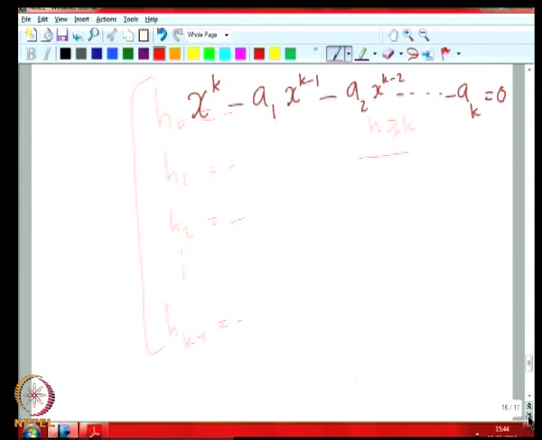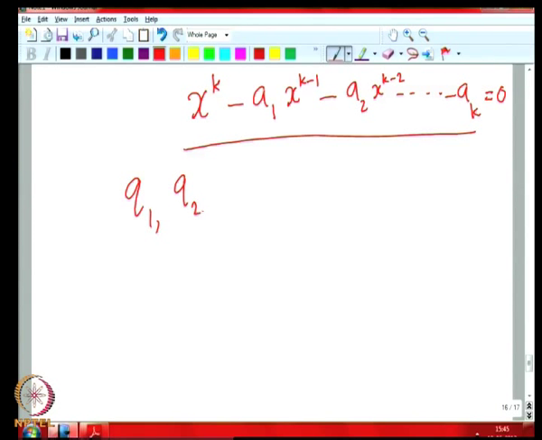So this characteristic equation will be satisfied by any of the solutions q1, q2, qk, and we are assured that none of these are 0 because ak is not 0.